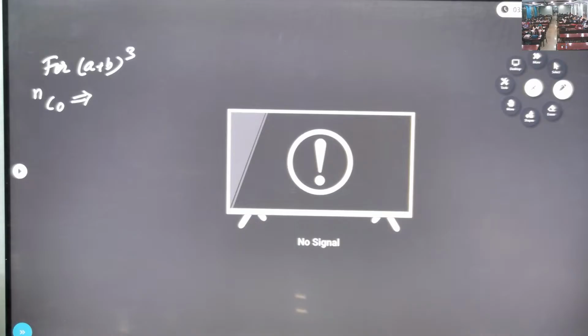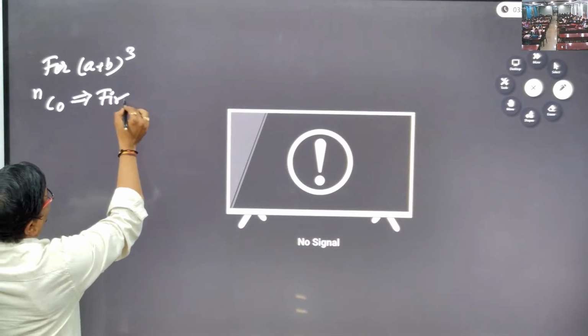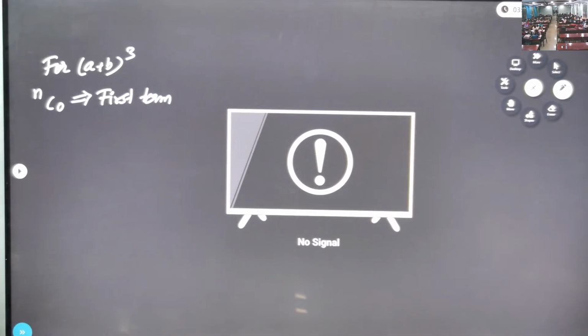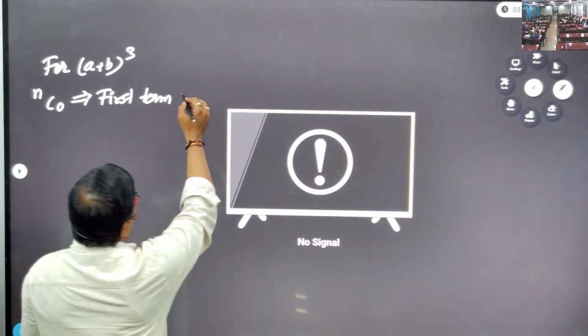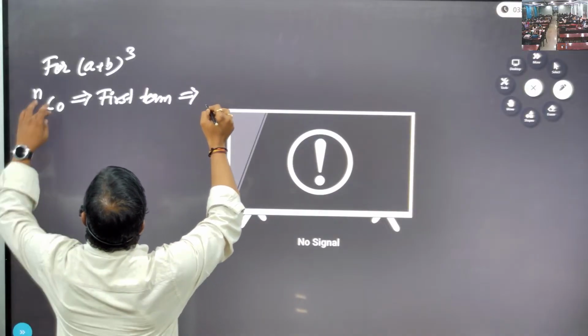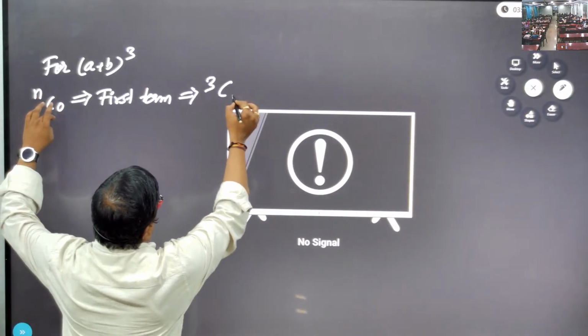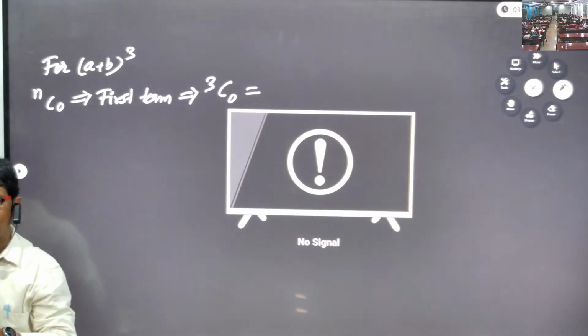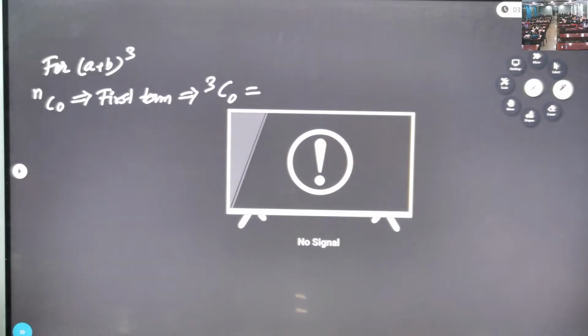First term. Write it as first term, and keep a hyphen there. So what is the n value and what is the C value for nC0? 3C0. Just calculate and give the value. It is 3 factorial by (3 minus 0) factorial into 0 factorial, which is 3 factorial by 3 factorial, which is 1. Okay? That you have to do in the calculation part.